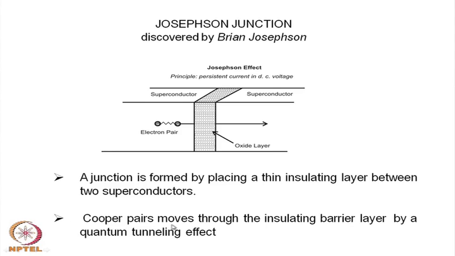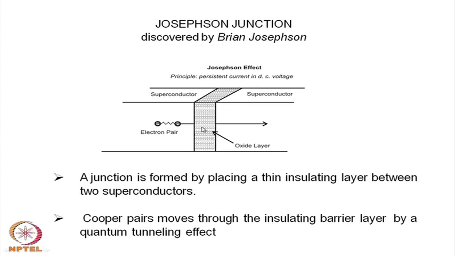The Cooper pairs are actually the charge carriers in any superconductor. These Cooper pairs move through an insulating barrier layer by a quantum tunneling effect, that is what I was mentioning. So, just like any other tunneling effect, in superconductors here also you have a tunneling effect, particularly when there is an insulating layer.